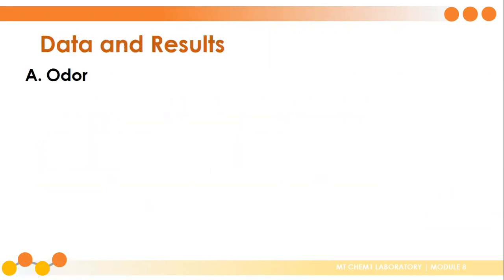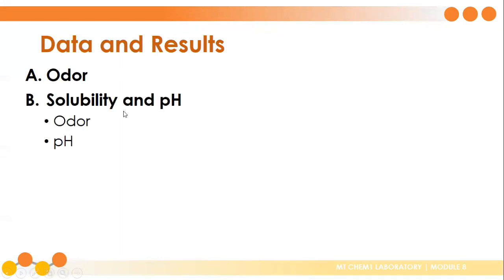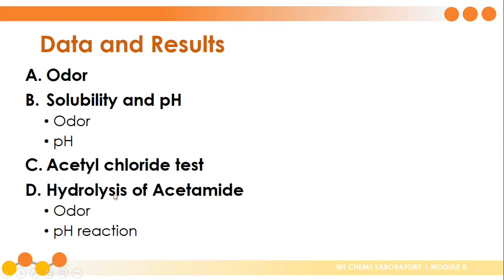For the data and results, you were asked to observe their odor. We also tested for their solubility and pH, also noting their odor. We also did the acetyl chloride test and did the hydrolysis of acetamide, wherein you noted the odor and the pH reaction on the litmus paper.